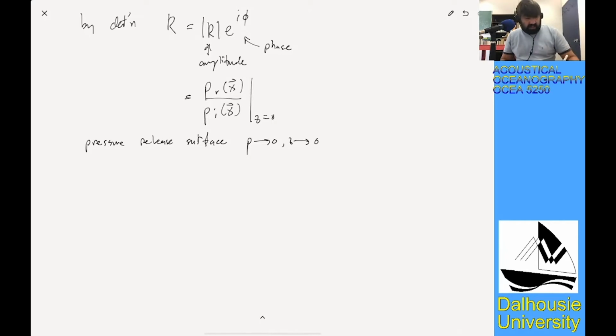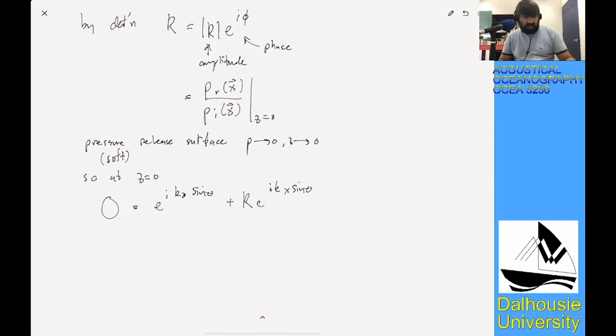And this is, I think we called this soft in our previous lecture. So if we go back to just expressing the pressure field at z equals 0, on the left-hand side we're going to have 0 for the total pressure field, and then we have e^(ikx sin θ) plus R e^(ikx sin θ).